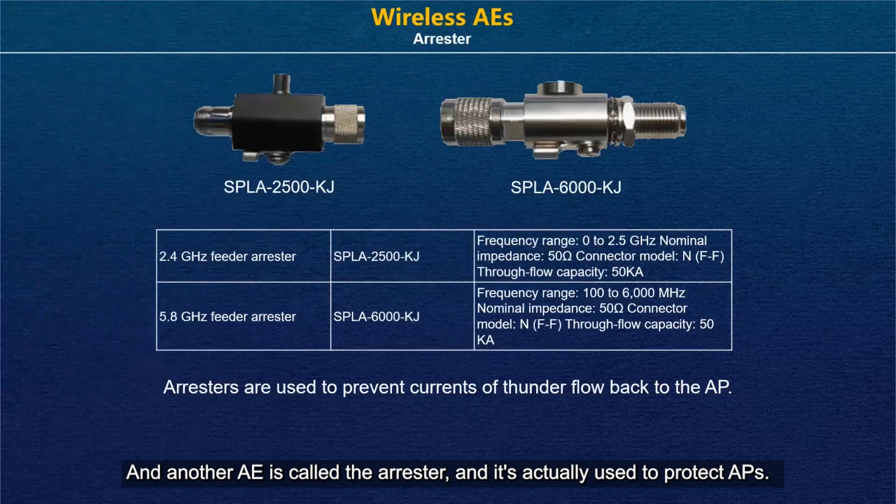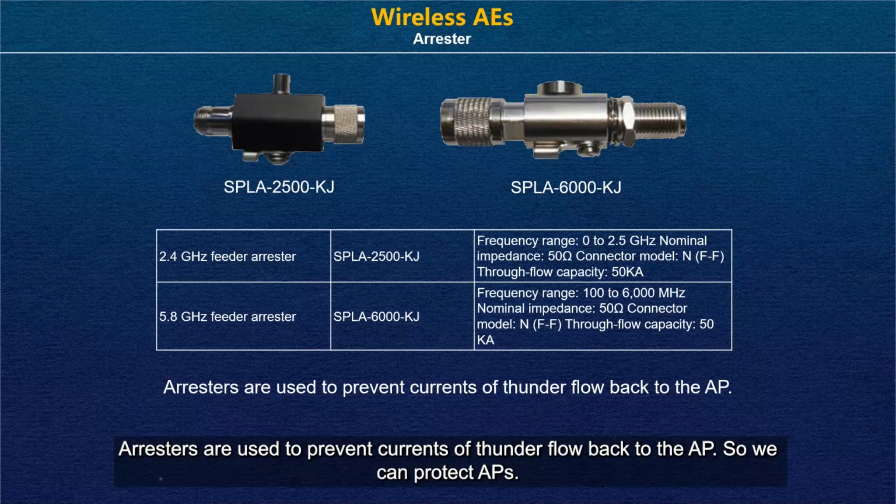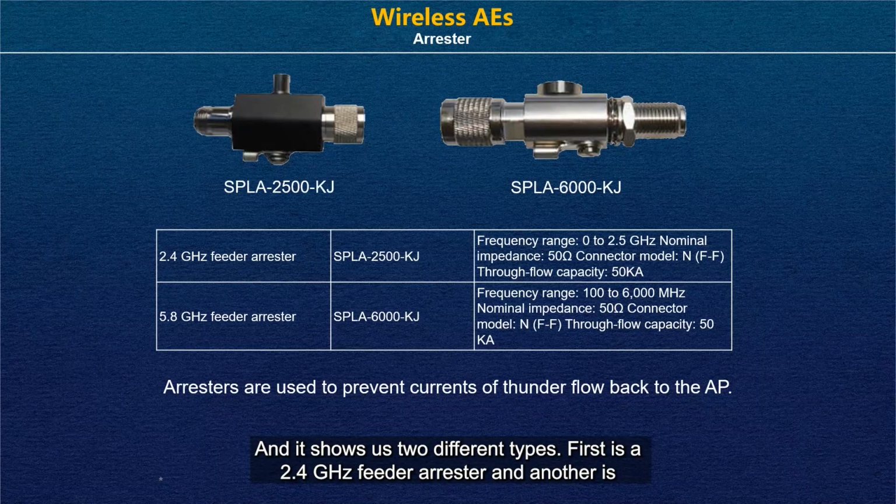Another AE is called the arrestor, and it's used to protect APs. Arrestors are used to prevent current from thunder flowing back to the AP, so we can protect APs. It shows us two different types.